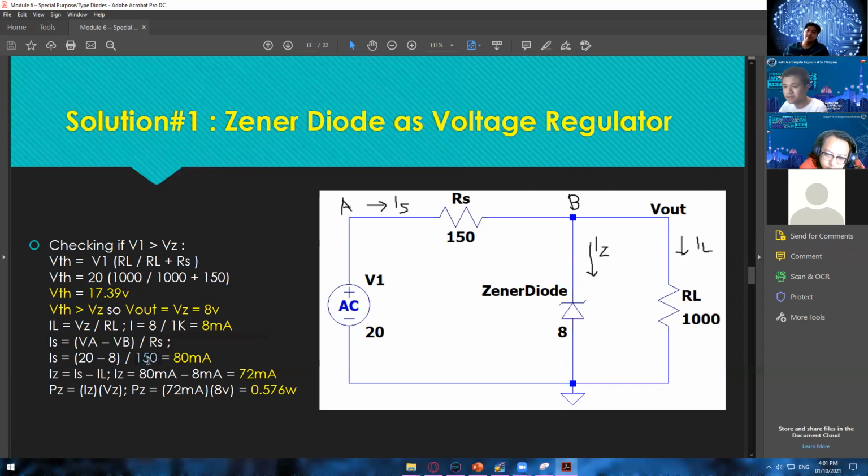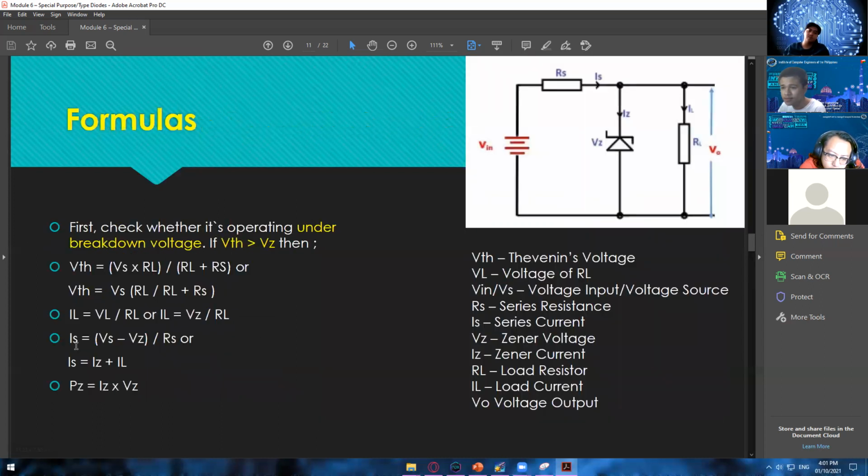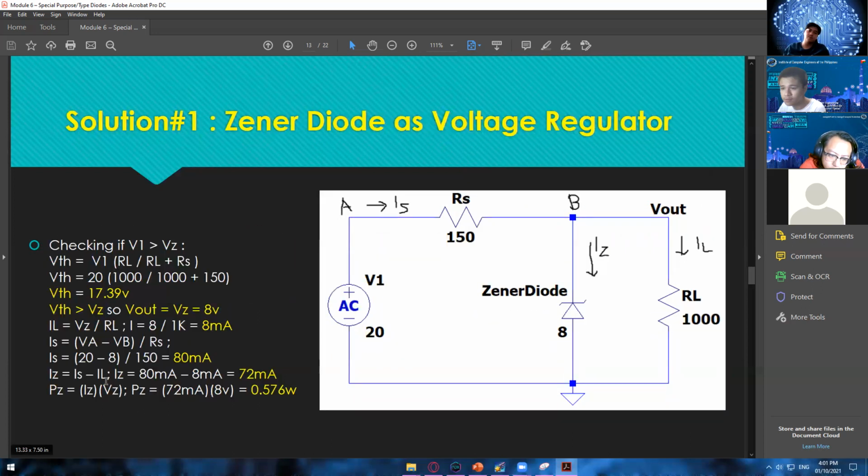And then divide this by RS, okay, which is already given, and it will give us a result of 80 milliamps. And then for the IZ, we have two formulas for this one. We have IS minus IL. Wait a second, IS is equal to IZ plus IL.